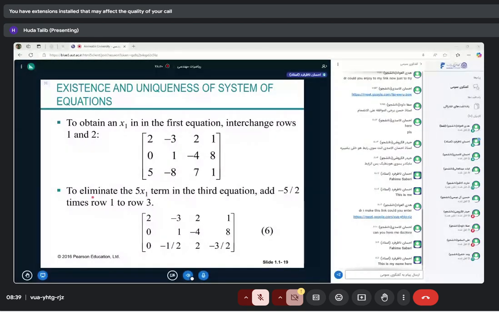So we can easily, if you want to eliminate x1, you just need to multiply the first row by minus 5 divided by 2.